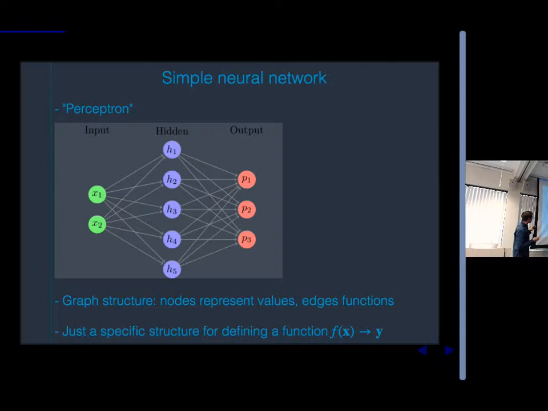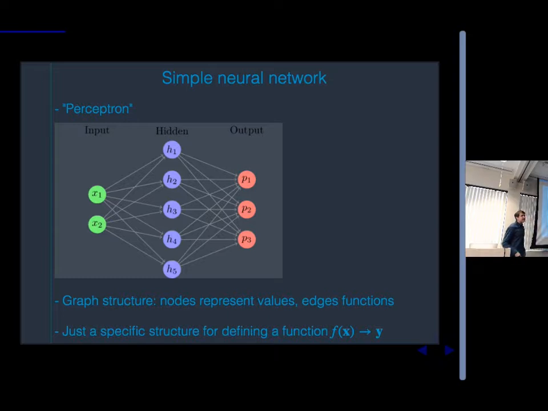So basically the way that this works is we have a kind of graph structure. We have nodes that represent either input values, output values, or some sort of intermediate computed values. And then we have edges that represent, for now I'll just say, some kind of functions. So you might think of this, and we'll see some more specific examples, as multiplying this by some value and multiplying this by some value and adding them together. That could be one example of a layer in this perceptron.